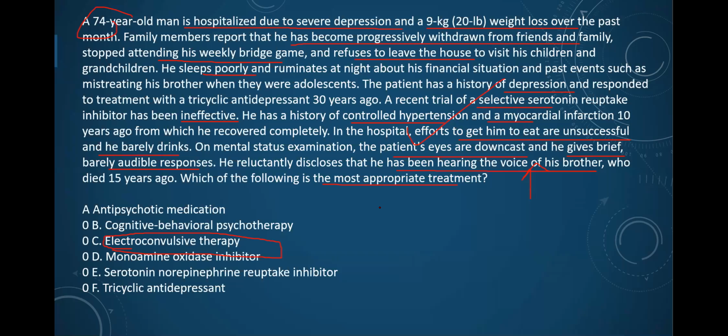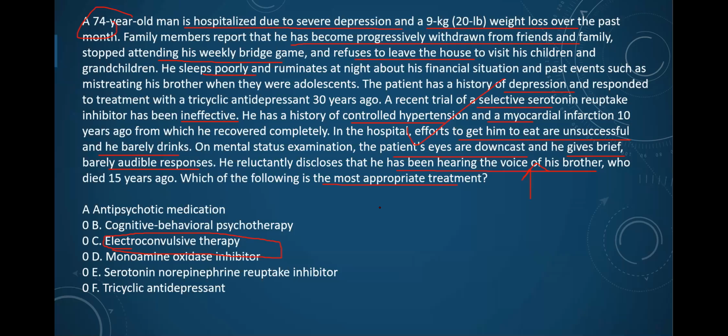Let me say first that you have to ask for consent from the patient. But most of the time you will be unable to do that, because this patient will be severely depressed and having psychosis. So they have loss of insight, and their consent doesn't work. No immediate family can give consent for ECT.